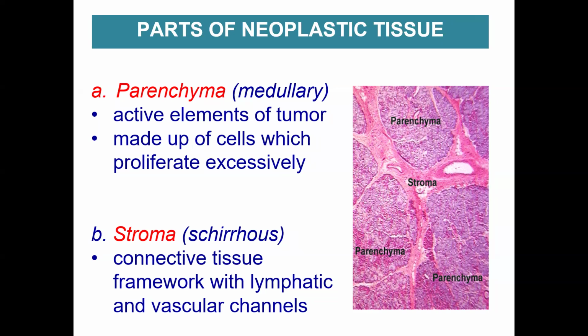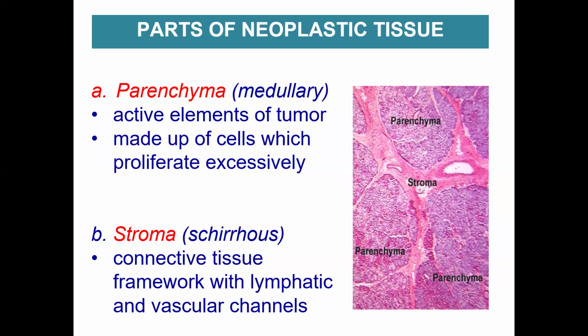Remember, the stroma is important. Why? Because it is the way the cancer cells spread. It is through your vascular channels and your lymphatic channels. That is where metastasis starts. Okay?